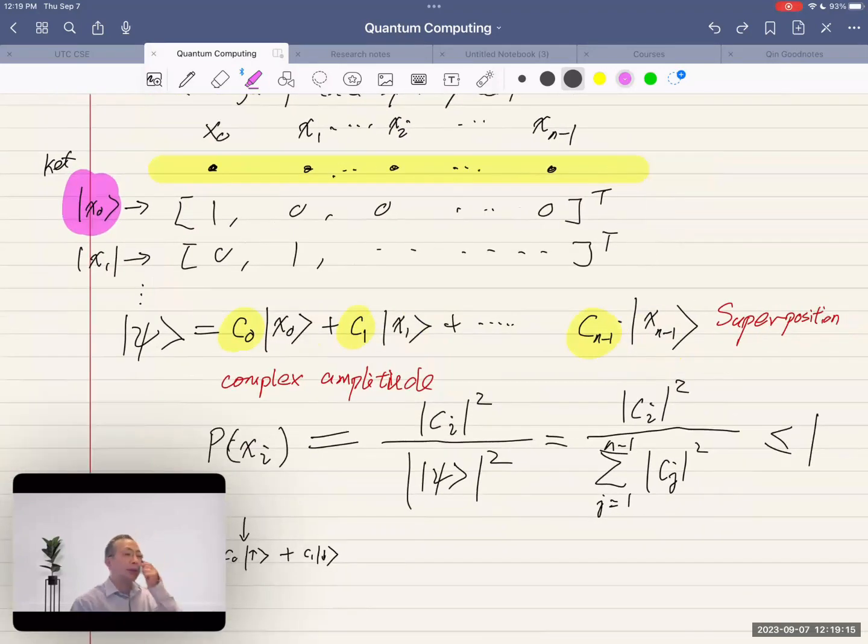And we can write this in the superposition notation for each state, but for more clarity, we can also write it using another symbol, say ket psi, which is basically the same thing as a complex number times each state. And each complex number is called a complex amplitude.